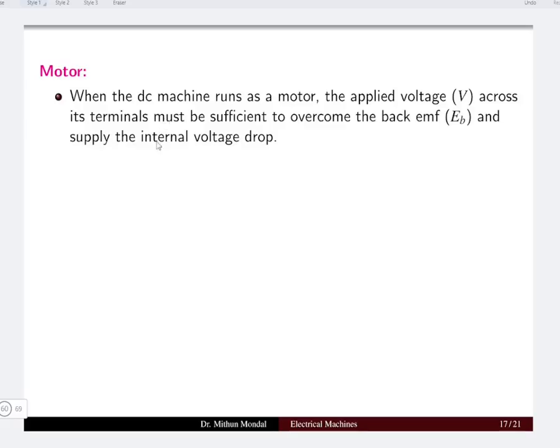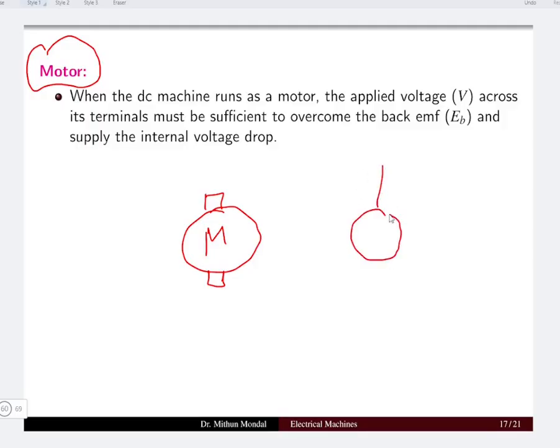In case of a motor, only the direction of the current or the energy will reverse, otherwise everything will remain the same. Now here we have the motor which has these brushes. The motor will convert the electrical energy to mechanical energy. So here instead of the load, we will have the main supply.